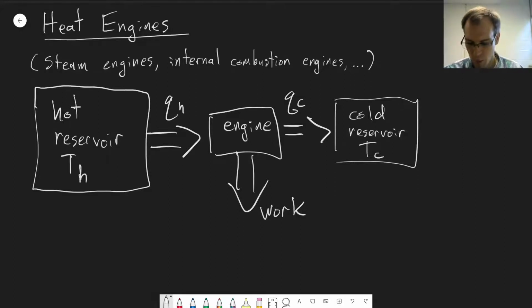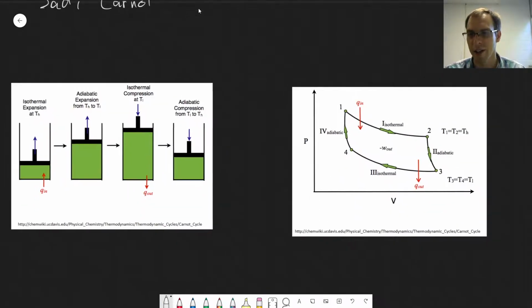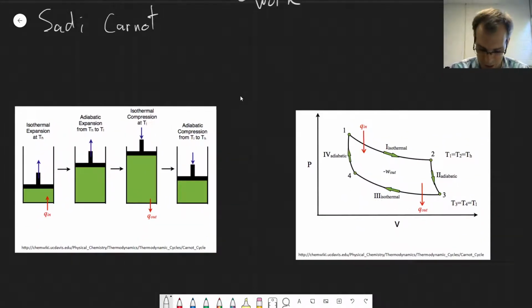There was an engineer named Carnot, a French engineer, who wanted to examine these steam engines. This was back in the time of steam engines. He came up with a theoretical, idealized engine that is the best possible way you could do this. It happens reversibly, and this is the cycle that Carnot came up with, known as the Carnot cycle.